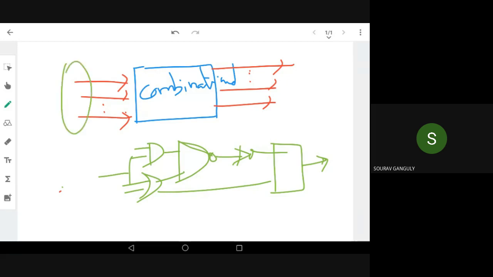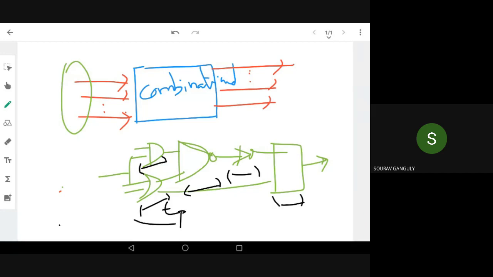The input flows to the logic gates, and after a propagation delay, this is one of the important concepts you should know. There's always a propagation delay, T propagation. Each of these gates has a T propagation. NOR gate, AND gate, and NAND gate may each have a different T propagation. So after a propagation delay, we'll get the output.